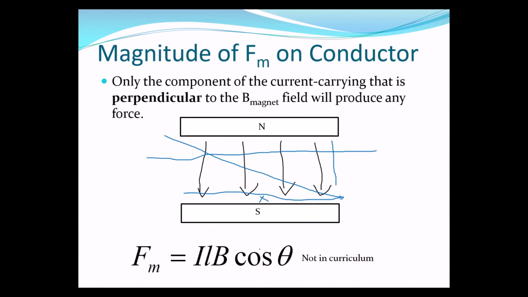This is not in curriculum, and this just shows that you do this in university, that the cos theta there means that only that perpendicular component. So there are some little sneaky questions that you can ask on that, but we want the wire to always be perpendicular to our magnetic field.